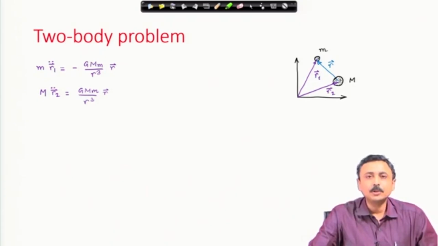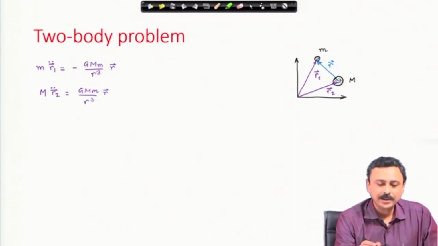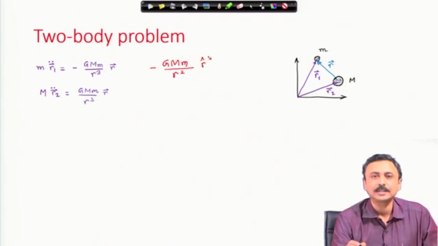For the lowercase m mass, I have m r1 double dot, where r1 double dot is minus G, which is the universal gravitational constant, capital M small m by r cube into r vector. Now this point we have discussed before, it is r square. Normally as a vector, this force is minus G M m by r square times unit vector r.